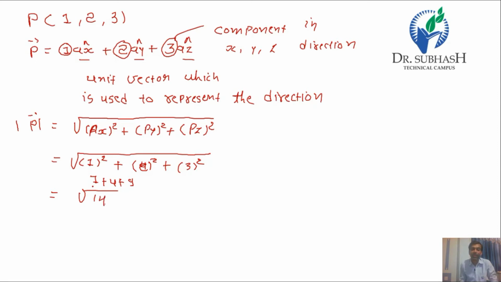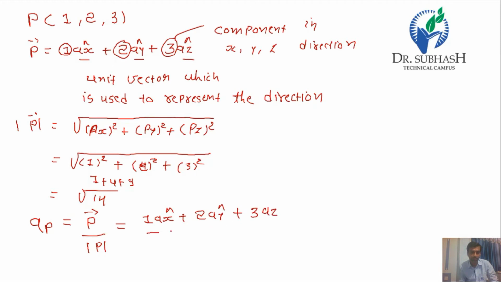And if we require to find the unit vector of point P, then it can be represented by the small letter a with the subscript of that vector, and its general formula is that vector itself upon the magnitude of that vector. Here vector P is 1ax plus 2ay plus 3az, and the magnitude of P is the square root of 14.